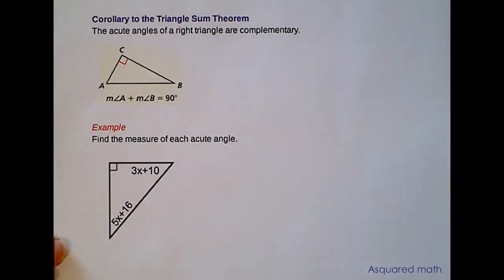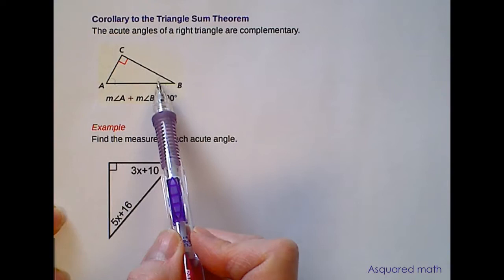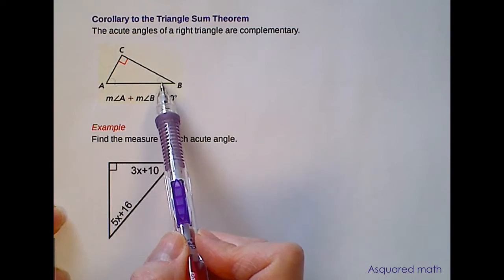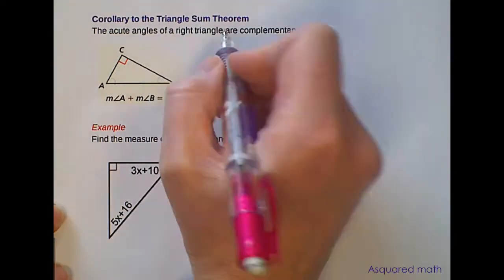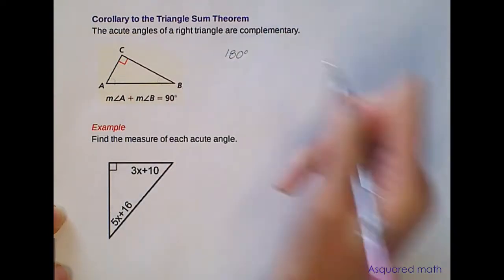There is one more theorem in this section, and it's called the corollary to the triangle sum theorem. This is for acute angles of a right triangle, and it says that they are complementary. Anytime you're given a right triangle, angle A plus angle B are going to add up to 90 degrees, which makes sense because the triangle sum says that there's 180 degrees inside of a triangle.